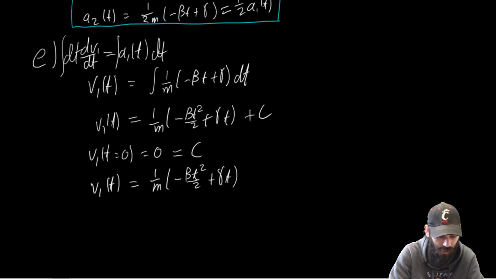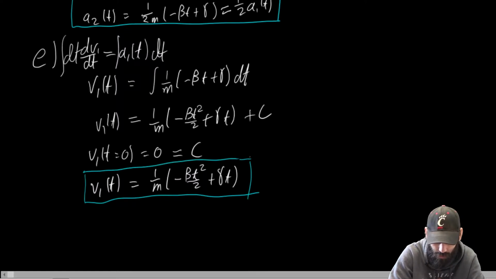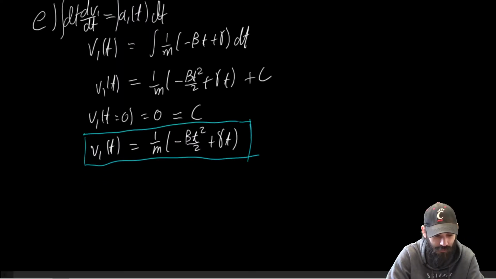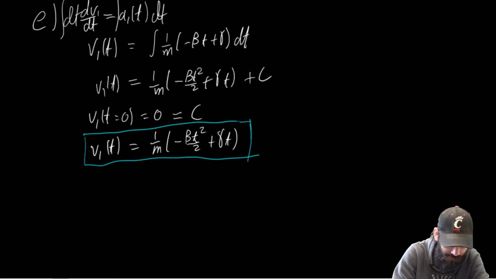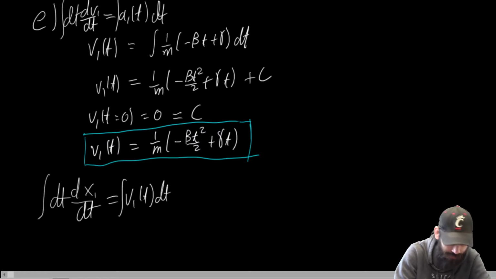Now we can find what our position as a function of time is going to be. So our position as a function of time, x, is going to be related to the velocity via dx1/dt is equal to v1 of t. Multiply both sides by dt. Integrate.